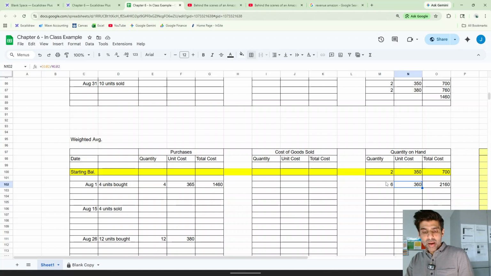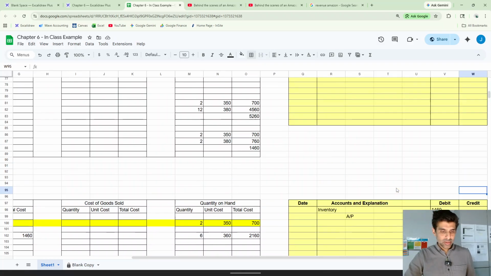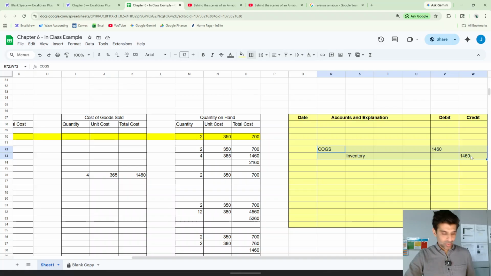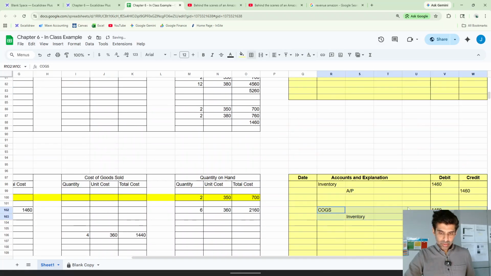Now we don't have to have the layers, because all 6 of these units are represented by one weighted average cost. So now when we sell 4 units, it's very simple. 4 units, the weighted average cost is 360, and our cost of goods sold is just 4 times that, 1,440. So we would basically do cost of goods sold 1,440.